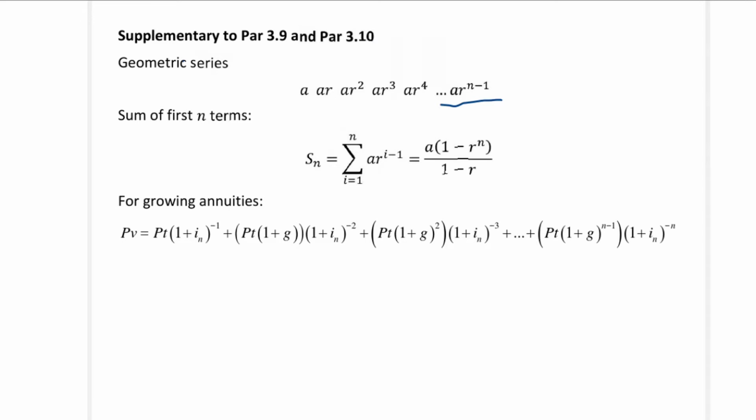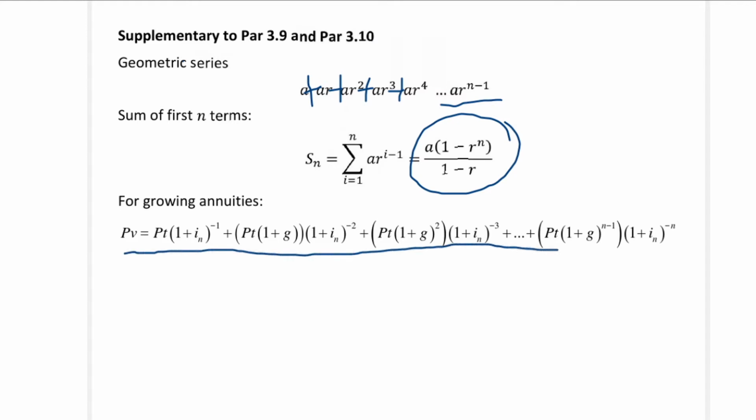So if we are interested in the sum of the first n terms, then that sum is given by the expression a, 1 minus r to the n over 1 minus r. So what I have here on this slide is the expression for the present value for a growing annuity.